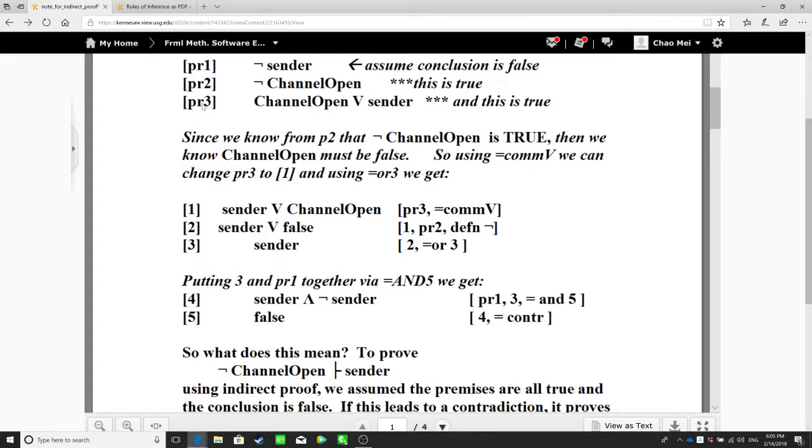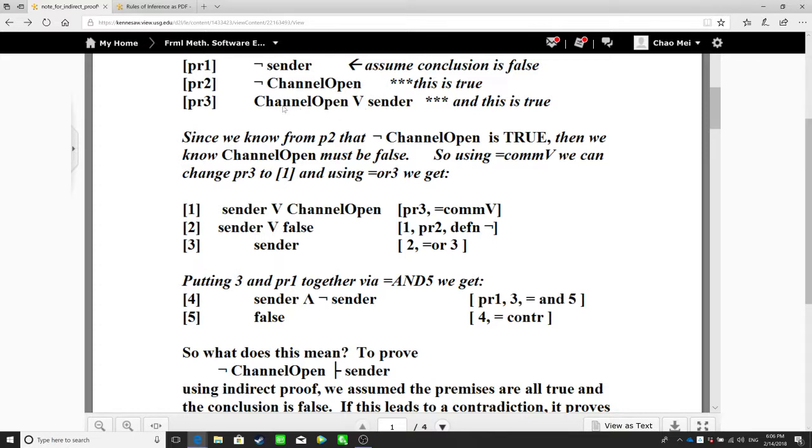Okay, if PR1, PR2, PR3 are true, from PR2, let's say what is PR2? PR2 means negation channel open is true, right? Which means channel open is false. Okay, if channel open is false, let's look at PR3. PR3 is channel open or sender is true.